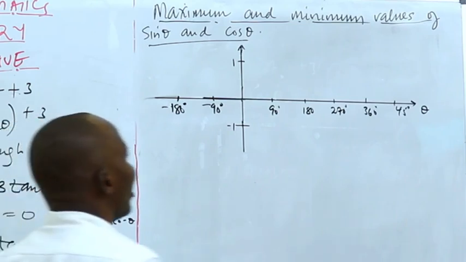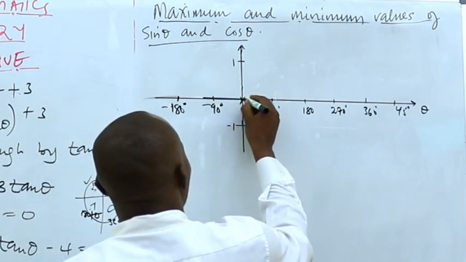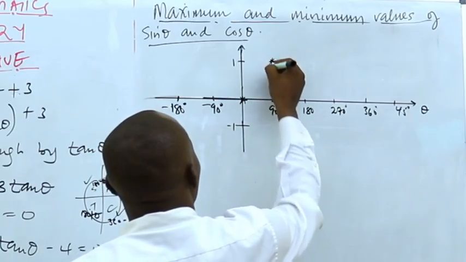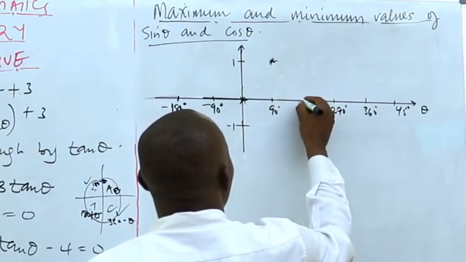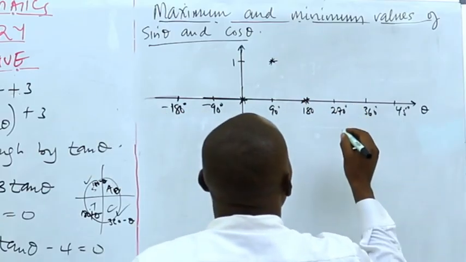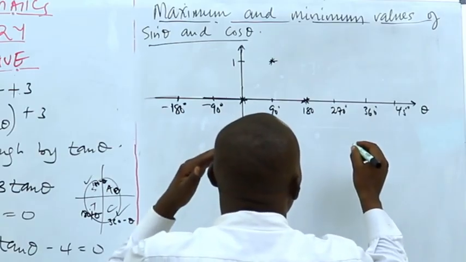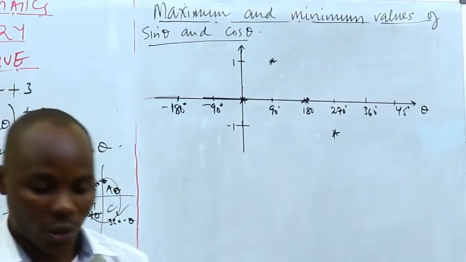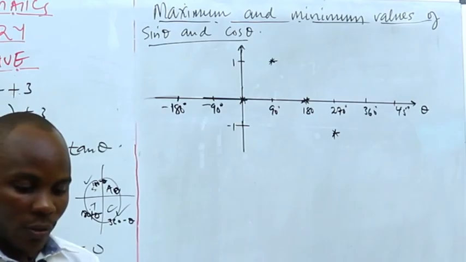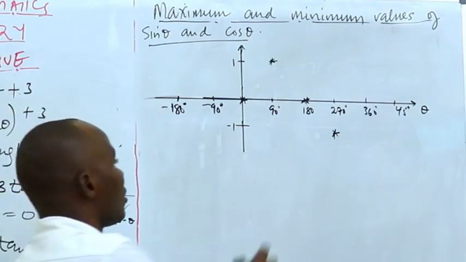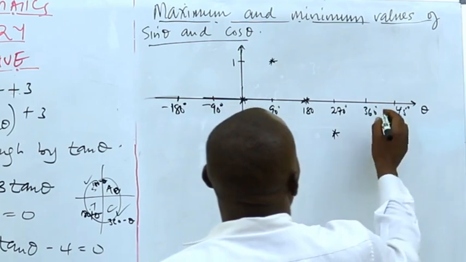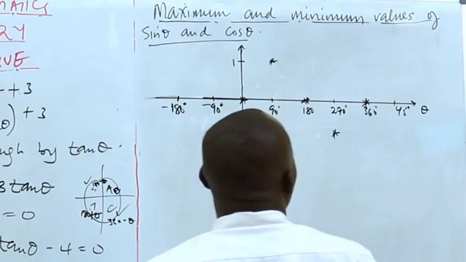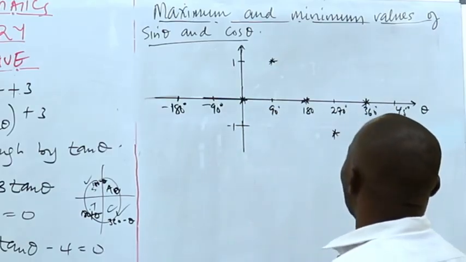Now, what is the sine of 0? The sine of 0 is 0. Sine 90 is 1. Sine 180 is 0. Sine 270 is negative 1. You can plot those values. Then we have sine of 360 is 0.